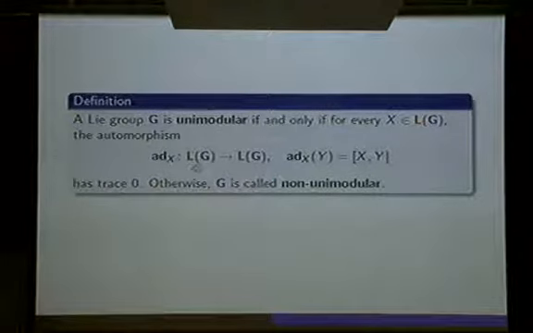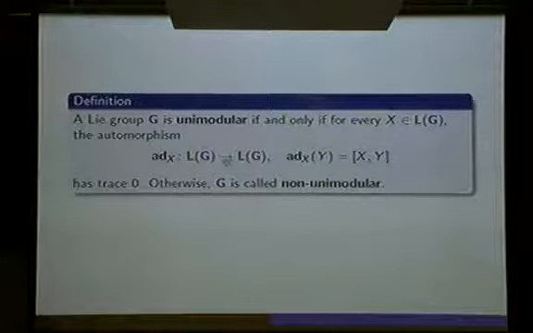Okay. Anyway, to be unimodular means the following. LG is the Lie algebra. If you take the Lie bracket of a left invariant vector field x with another left invariant vector field, you get another left invariant vector field. So this ad x takes you from LG into LG by taking the Lie bracket with x.